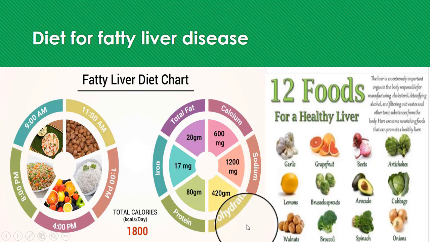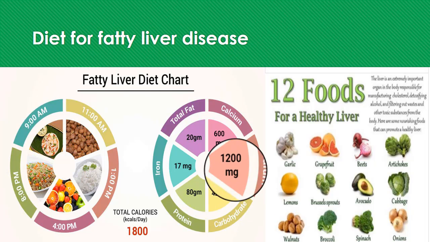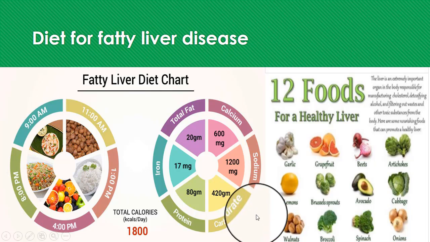Next, avoid trans fats, which are present in many processed snack foods or junk foods. And lastly, stop drinking alcohol. So these are some ways of management and the diet plan for fatty liver disease.